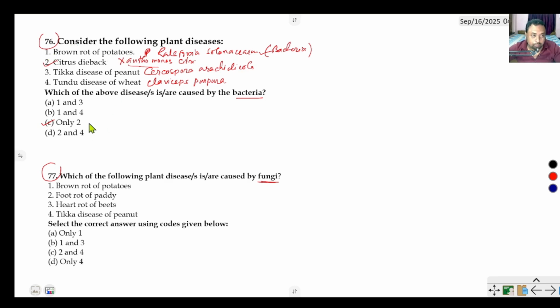So 1 and 2 are bacterial diseases, 3 and 4 are fungal diseases. In this case, brown rot of potato is a bacterial disease.